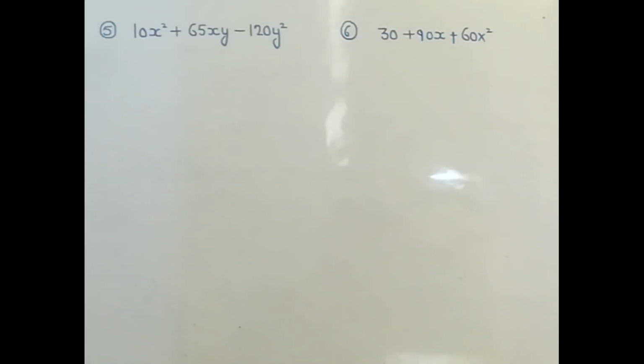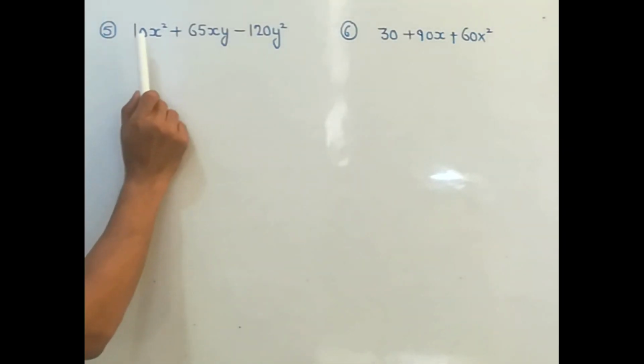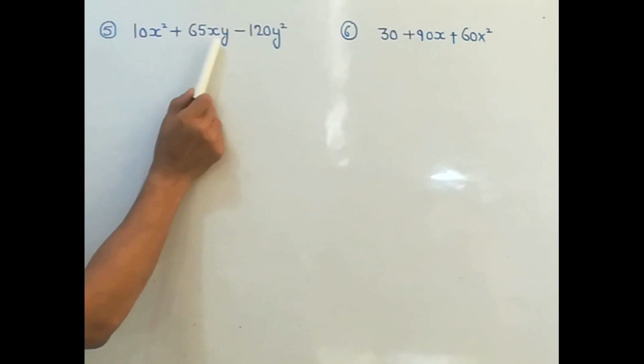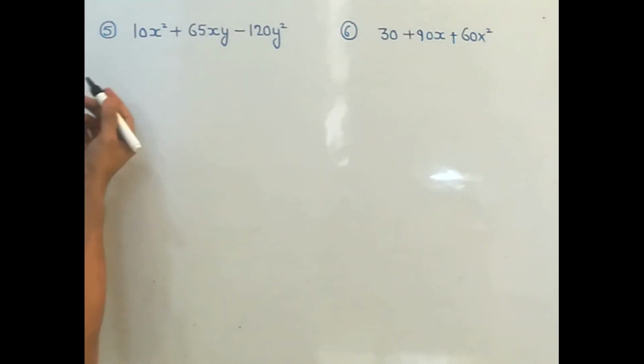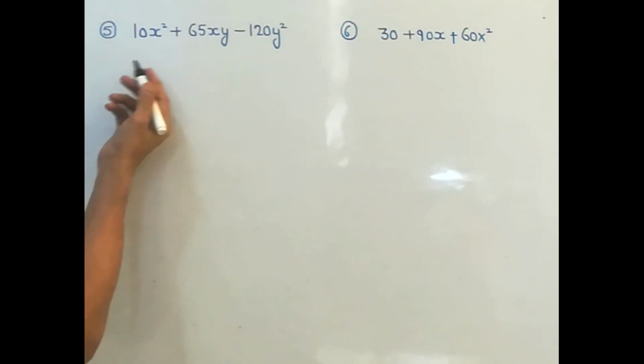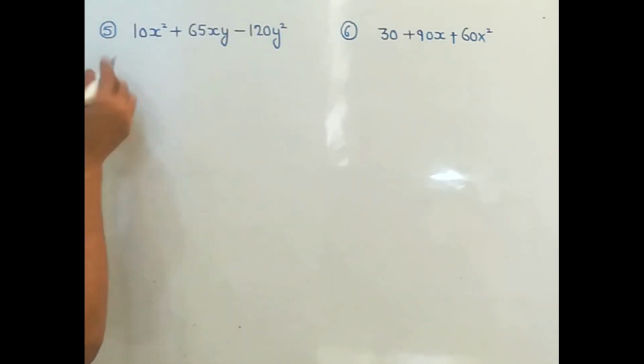Now see, in question number 5, it's a trinomial in the form ax square plus bx plus c. But the basic step of factorization is taking common. If you can take out any common literal factor or numeral coefficient factor, you take that common.